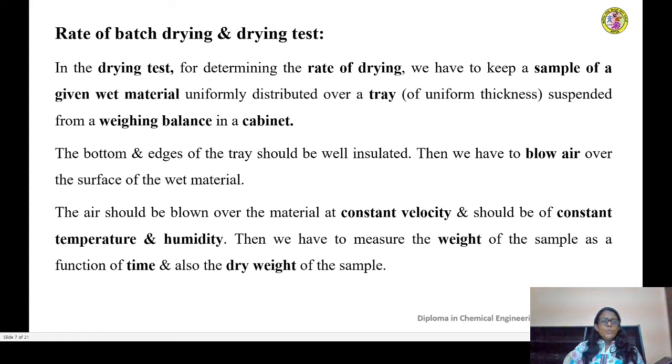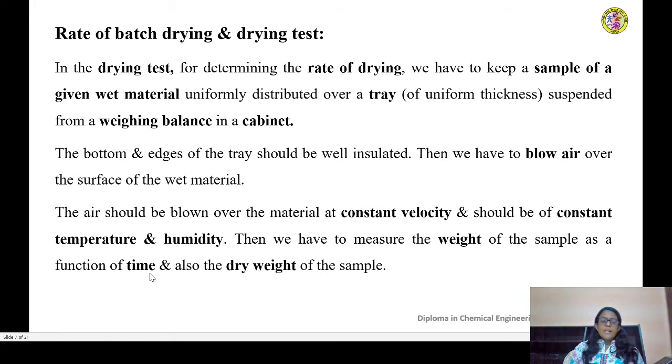Then if you remove 1 gram of weight from one side, the balance tilts towards the side of the sample, and then we need to switch on the stopwatch, and continuous blowing of air is maintained, and the time required to dry 1 gram of material is noted down when the balance gets to the position of steady state.